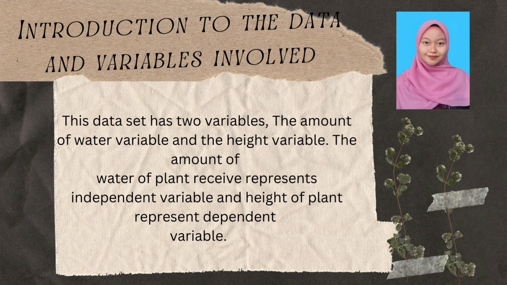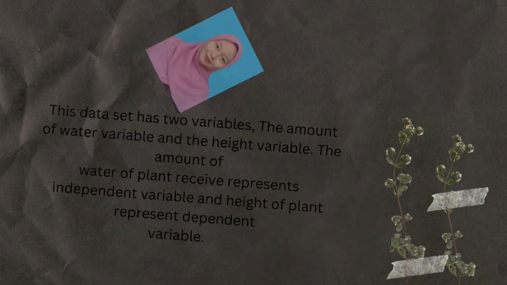This data set has 2 variables, the amount of water variable and height variable. The amount of water the plants received represents the independent variable and the height of the plant represents the dependent variable.